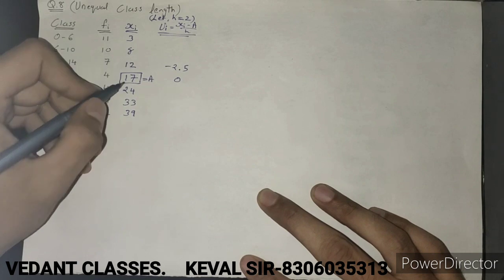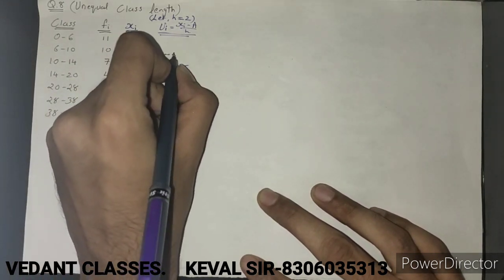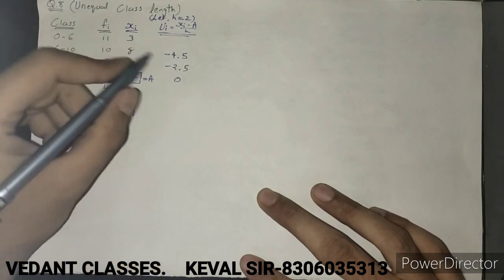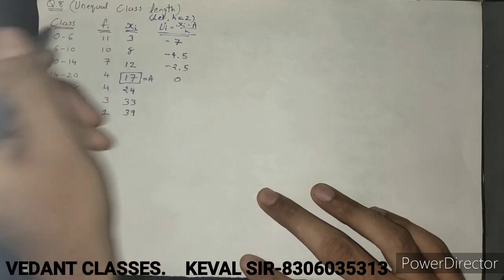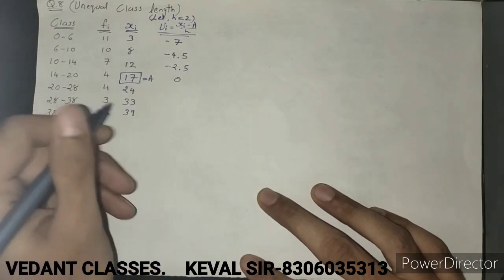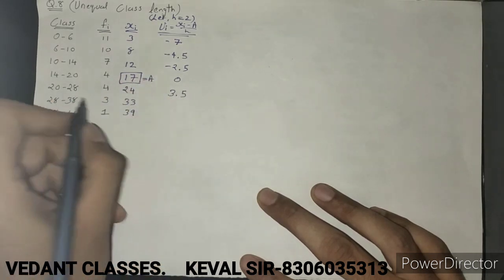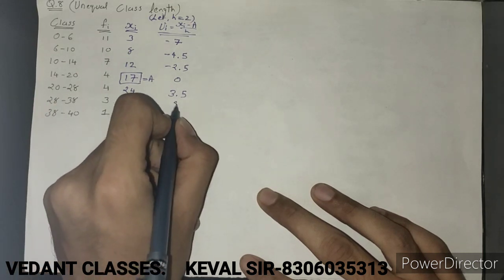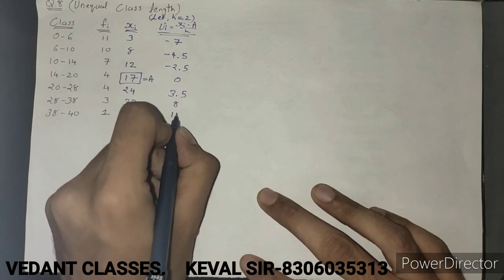In this case it will be 7 by 2, so it will be 3.5. In this case it will be 16 by 2, so that will be 8. In this case it will be 22 by 2, so it will be 11.